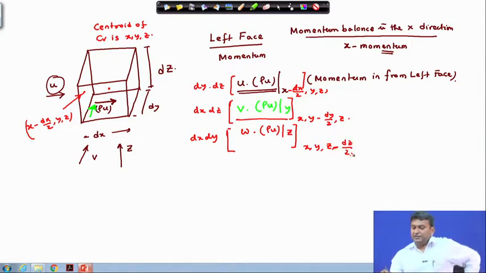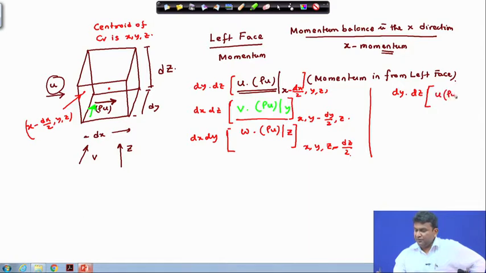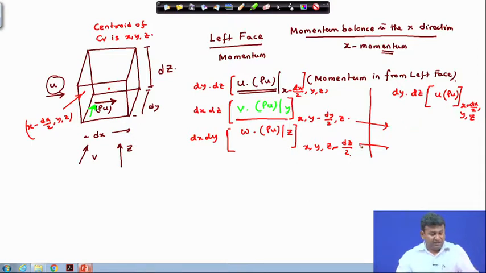Similarly, the momentum that is leaving, you can calculate that to be dy dz. Again the expressions remain same. So, rho u into rho u evaluated at x plus dx by 2, y and z and so on. So, these will be evaluated now at x, y plus dy by 2 and z and so on. Kindly refer to the handout.